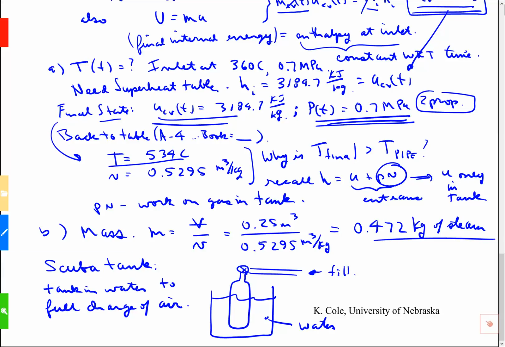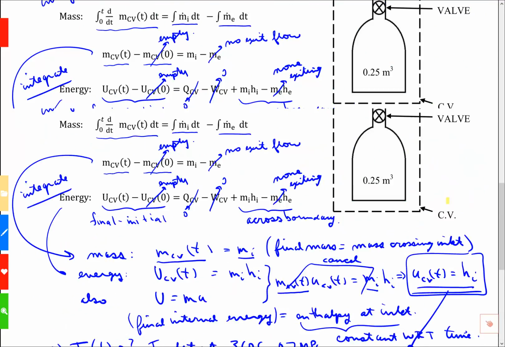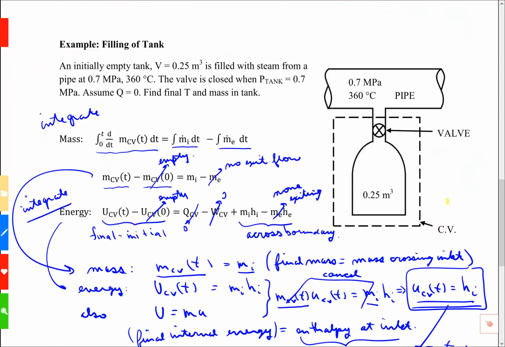All right, let's recap. The problem that we're solving is filling a tank from a steam line that has a fixed condition, so we've got a fixed inlet flow. When we integrate the energy equation, we get final minus initial on the internal energy, and flow terms on the other side.